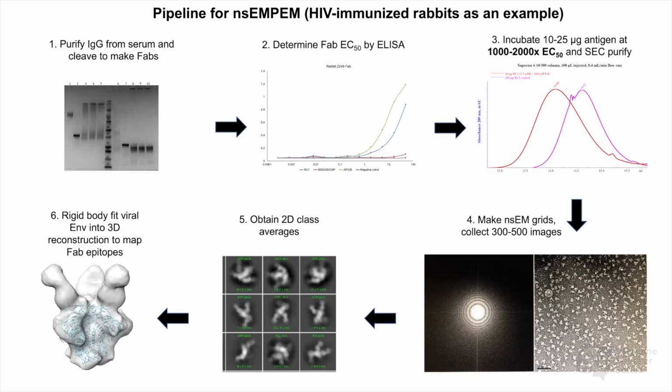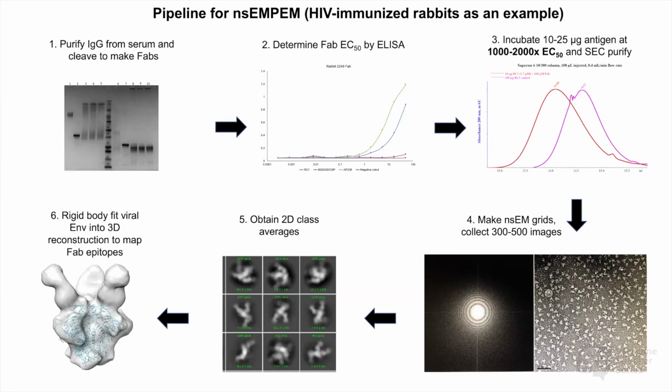And then you determine how well they bind by ELISA. And then you incubate the Fabs that you've got and you run size exclusion chromatography, because you have to do this before the EM or you'll have an absolute mess. And you have to figure out how much to add, because you won't see anything unless you add enough. So the tighter binding the Fabs are, the better this will work.